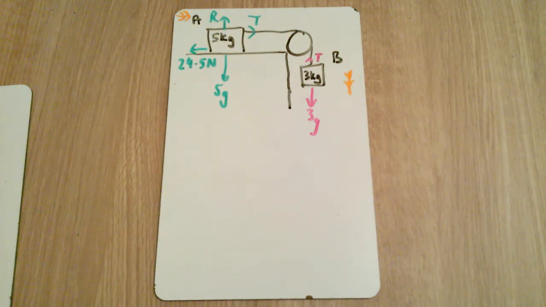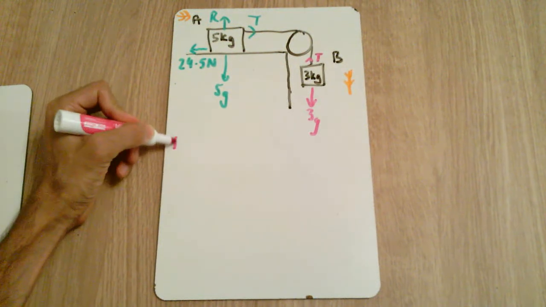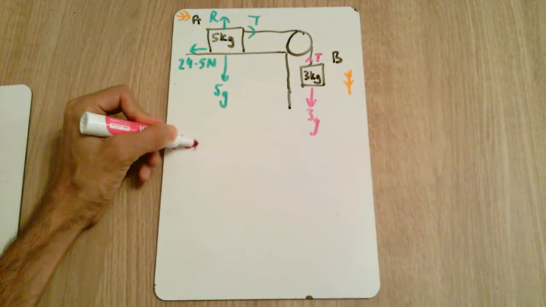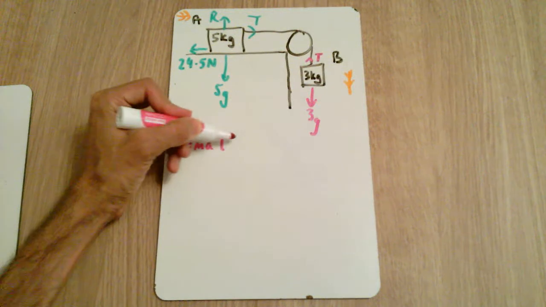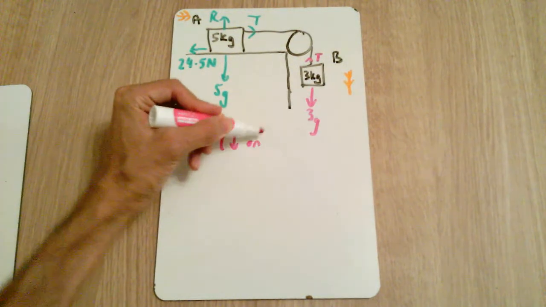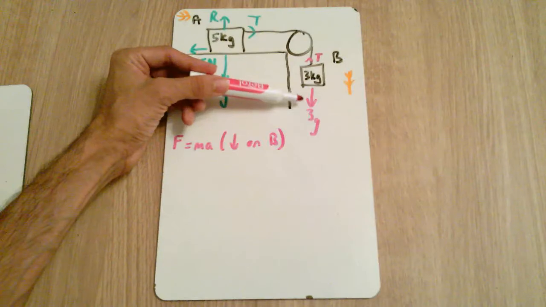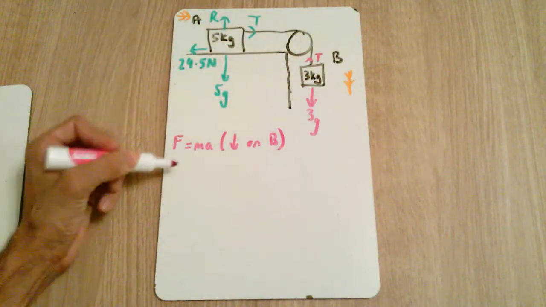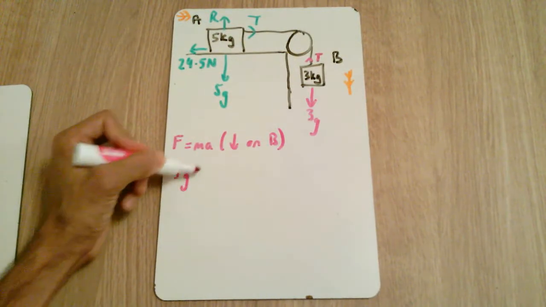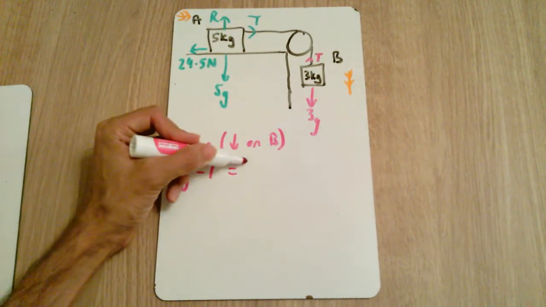Now while we look at this, we are trying to find the tension and acceleration of the system. So for this we always do F equals ma, and we always do it in the direction of motion. So if we do F equals ma downwards on B, the equation that we create is the net force going down is 3g minus T is equal to 3a.